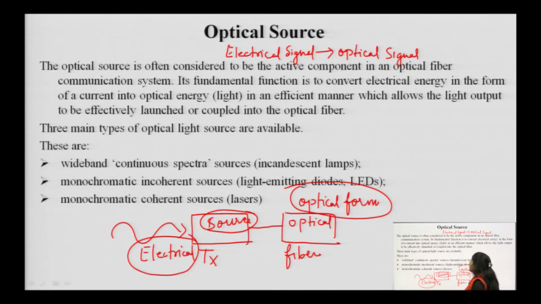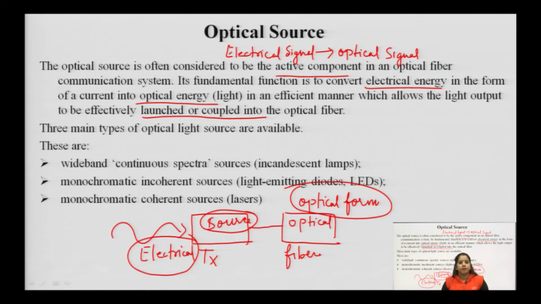The optical source is considered to be the active component because it is used for the generation of the signals. In an optical fiber communication system, its fundamental function is to convert electrical energy into the optical one in an efficient manner, which allows the light output to be effectively launched or coupled into the optical fiber.